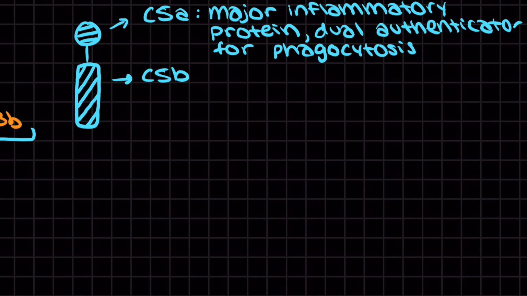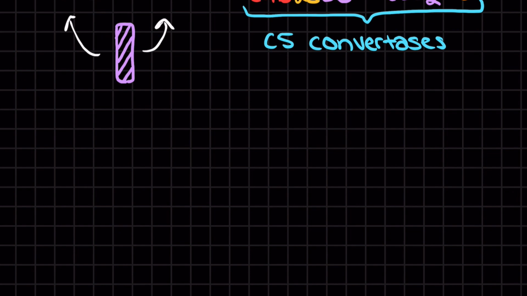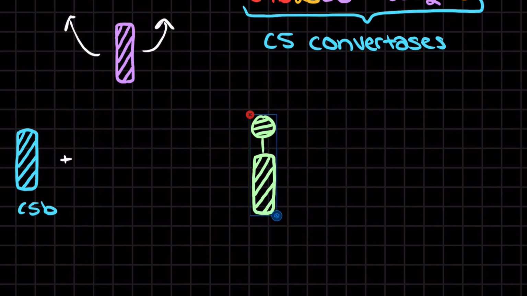But in the case of our membrane attack pathway, we're going to focus on C5b. So C5b is going to break apart from its convertase, and it is going to combine with two other complement proteins. So if we have C5b over here, it will combine with two new complement proteins. It is going to combine with the complement protein C6.